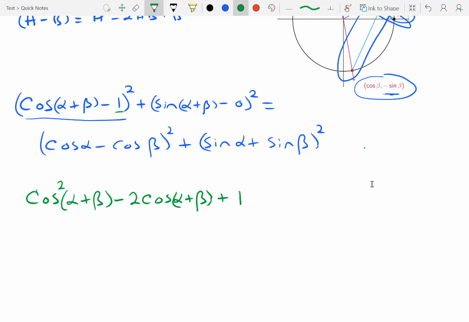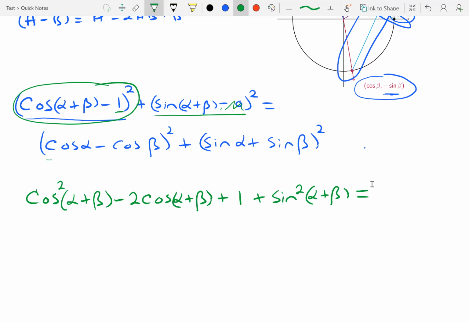So what I have written here in green is just this piece of the left side. Then I want to add to that what I get when I square this out. Well, that's a minus 0, so that doesn't need to be there. That will end up just being the sine squared of alpha plus beta. So there is the left side of the equation.